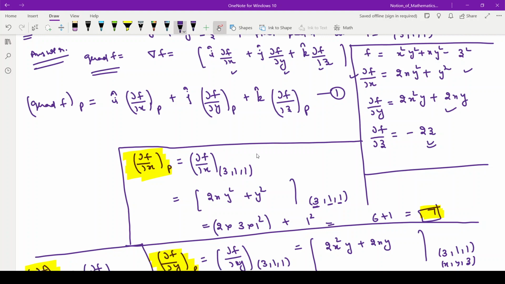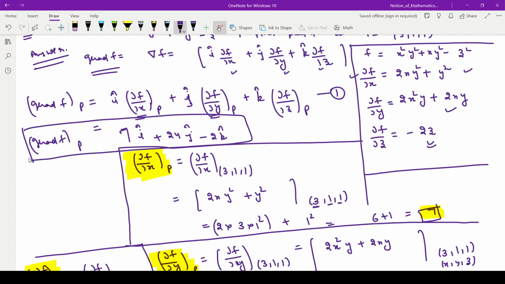So putting all these values here, the first value is 7 i cap. Then j cap into 24 means 24 j cap, and k cap into minus 2 is minus 2 k cap, and this is equal to the gradient of f at the desired point.